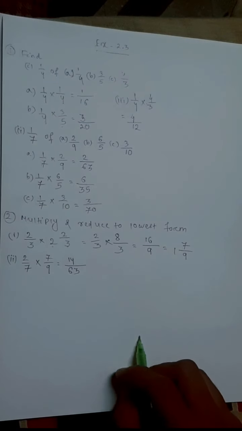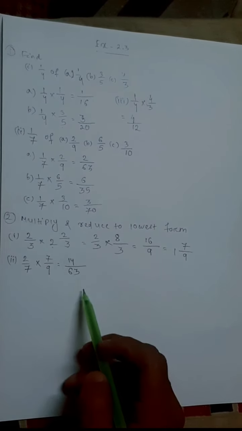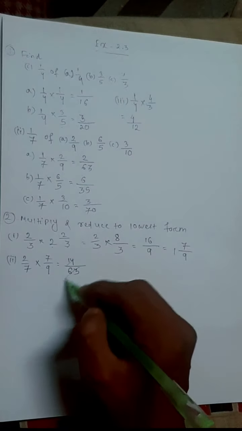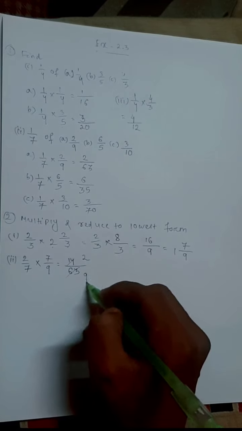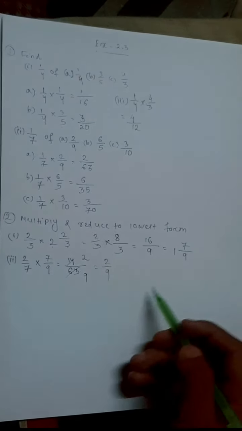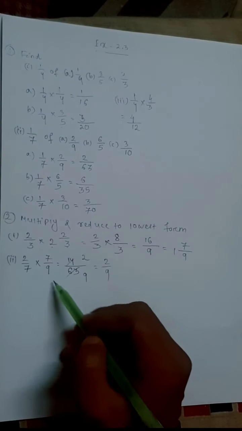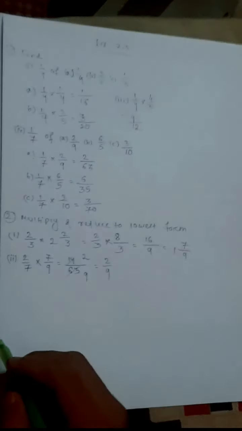Okay, it is divisible by 7. 7 times 2 is 14, 7 times 9 is 63, so 2 upon 9. Here you can divide because both can be divisible, 7 and 7 can be divided.